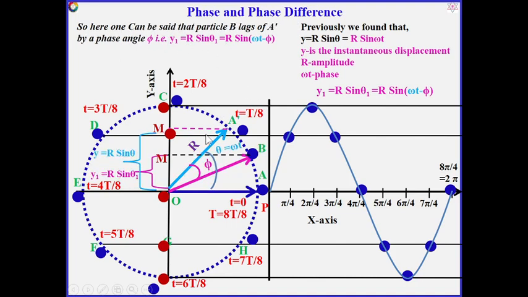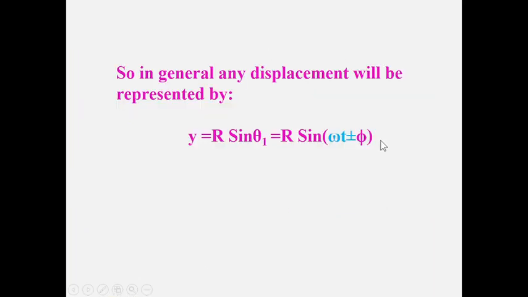Similarly for this figure, no need to locate these points and time and all the things. Just draw the x-axis and y-axis, mark B and A dash, mark theta and phi, and write down the equation. And at last you have to write, in general, the instantaneous displacement y will be represented by r sin omega t plus or minus phi.